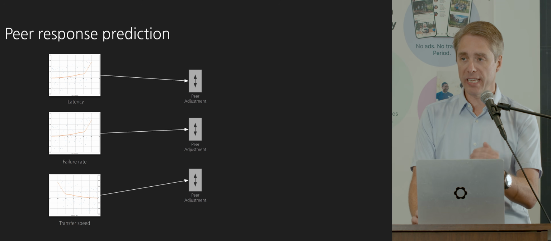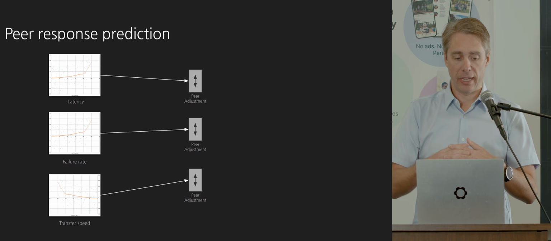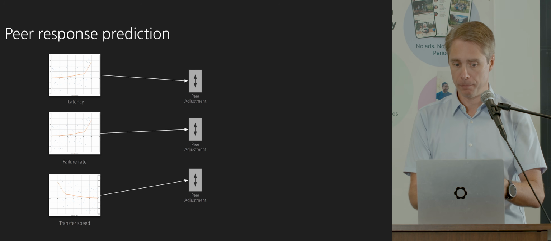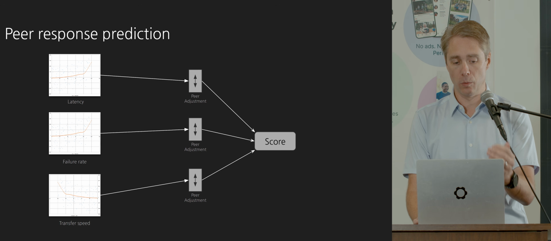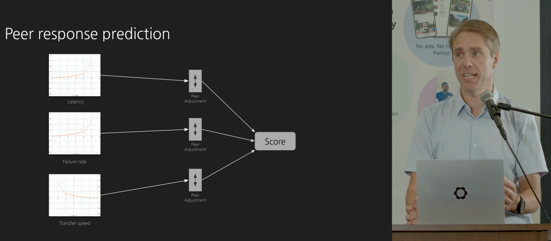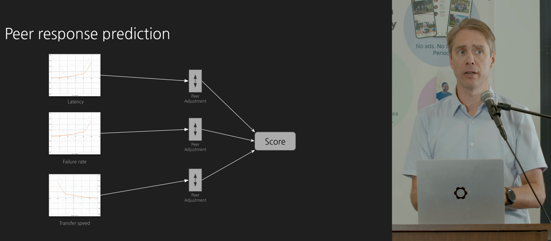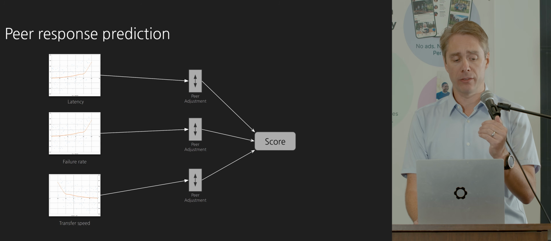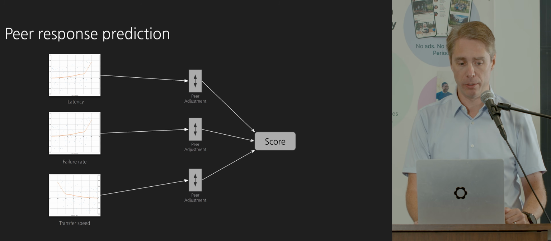And then for each individual peer, it will calculate an adjustment based on that individual peer's performance. We're then able to combine those adjustments to come up with a score, which is essentially how good this peer is expected to be at retrieving this data, and we route the request to the peer with the best score.